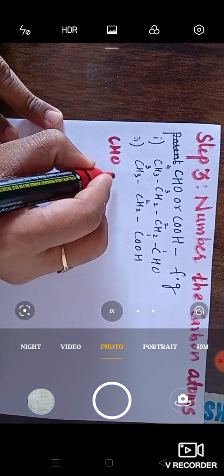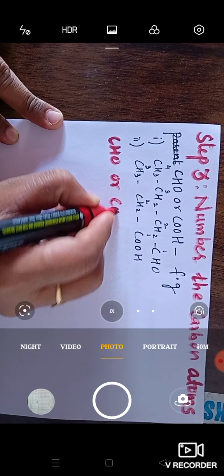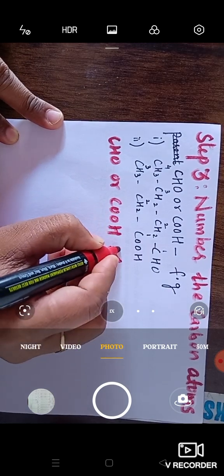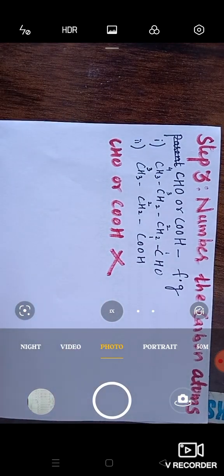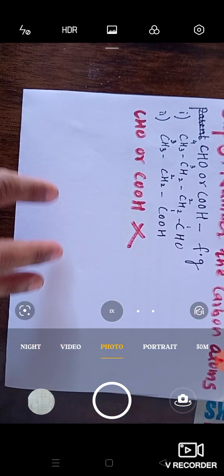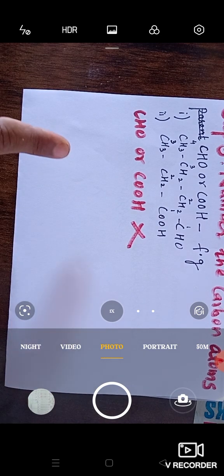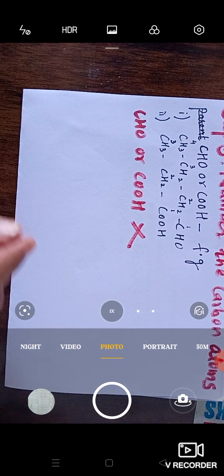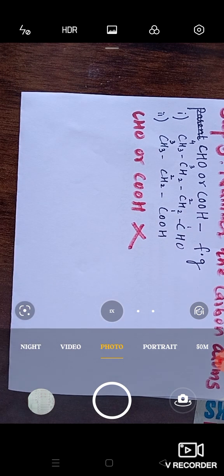If CHO or COOH, these two functional groups are not present, then you can start numbering from both directions. But still there is one rule: you need to start numbering from the side which will give the smaller number to the carbon carrying the functional group.